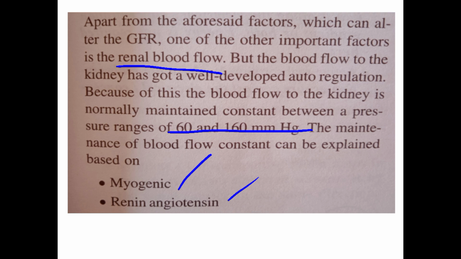Autoregulation means the regulation of blood flow by itself. Three organs, the kidney, brain and heart, show autoregulation. In renal blood flow, the renal blood vessels are very well developed for autoregulation. It ranges from 60 to 160 mmHg through the myogenic and renin angiotensin system.